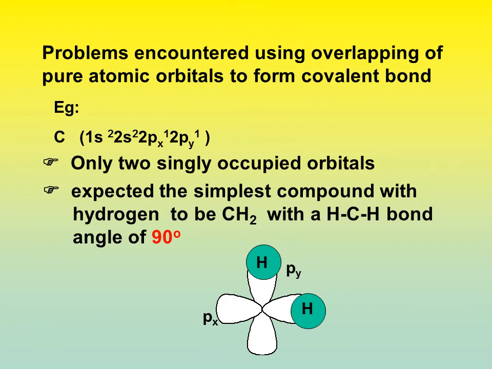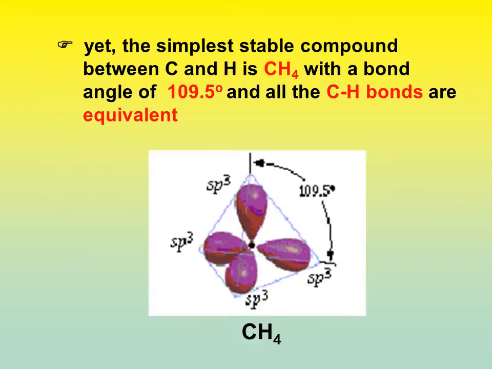We would expect that carbon would form a compound with hydrogen to form CH2. Yet, the simplest stable compound between carbon and hydrogen is actually CH4. And the angle between each of the bonds is 109.5 degrees, with all the CH bonds being equivalent.